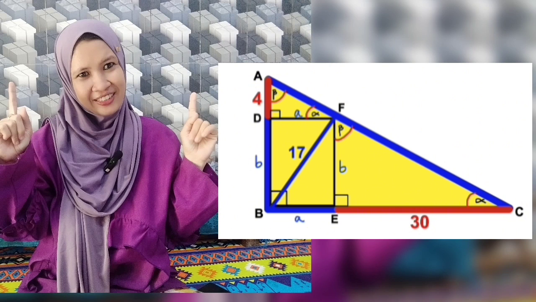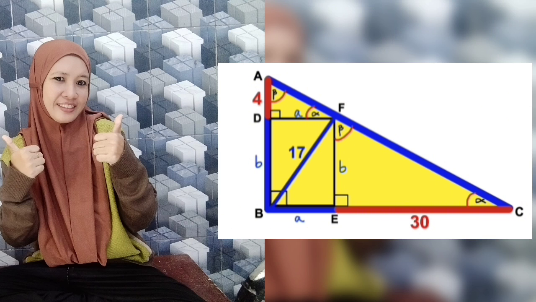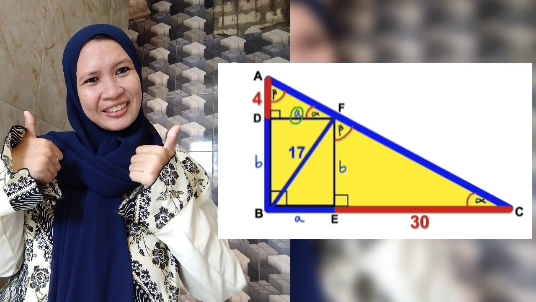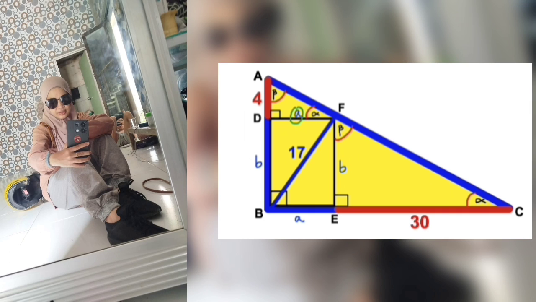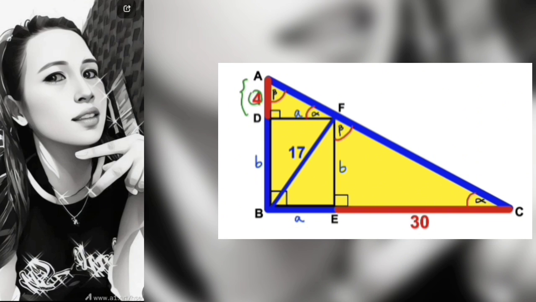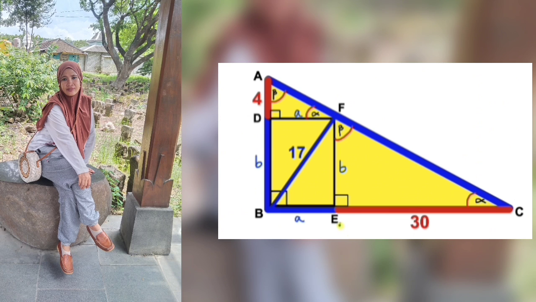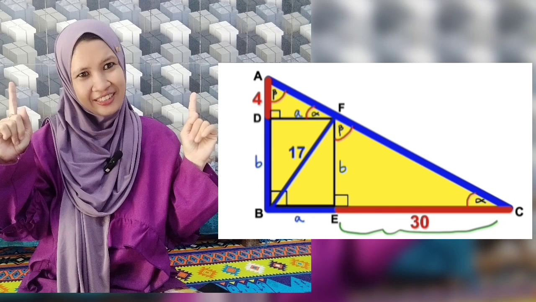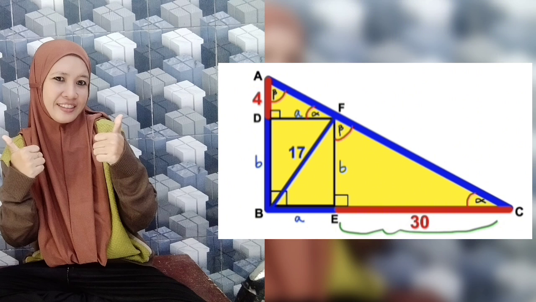And now let's make an observation. We can see this side DF is lowercase a, so I'm going to replace that one with lowercase a over here. The side AD is 4 units, so I'm going to replace that one with 4. And this side EC is 30 units, so I'm going to replace that one with 30.